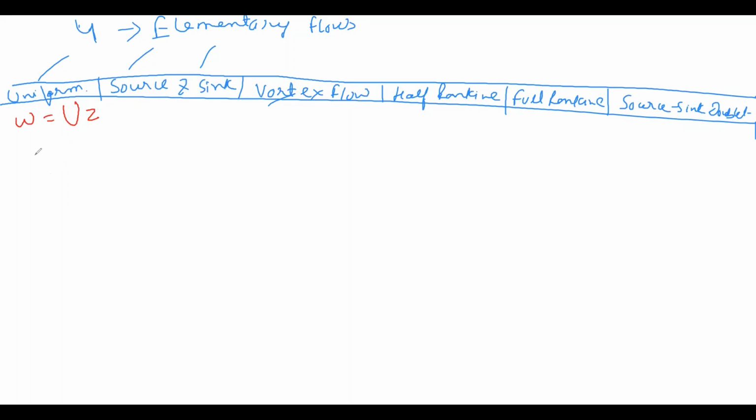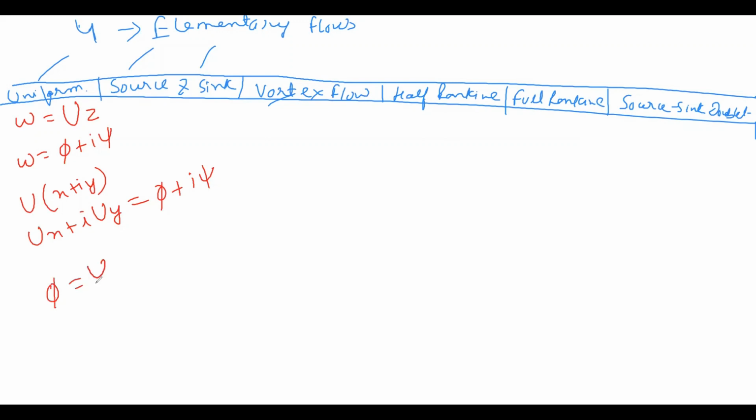So first we calculate W equal to phi plus i psi. So Uz is Ux plus i times Uy, equal to phi plus i psi. So phi will be equal to Ux and psi will be equal to Uy.